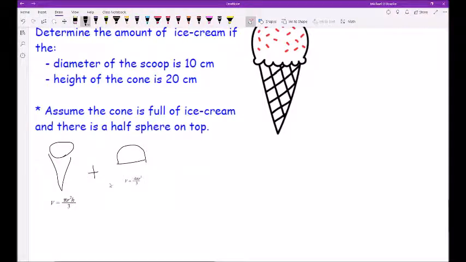Perfect. Now, let's figure out what we know. So it says the diameter of the scoop is 10 centimeters, and the height of the cone is 20. So, this one we need our height and our radius. What's our height of our cone?